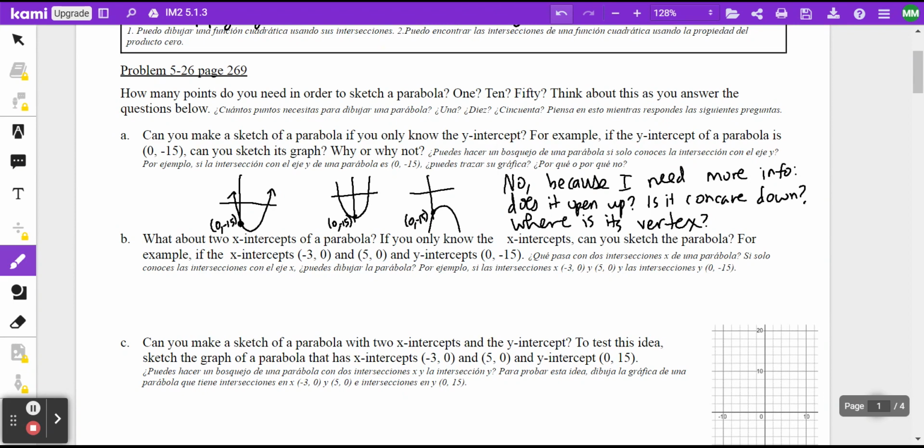Okay, well, let's think. What if we only know two x-intercepts? There's one option, but look, here's another. Not enough info again.